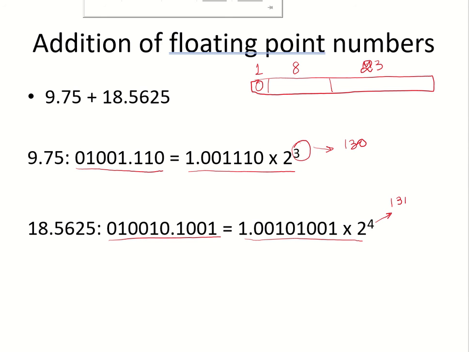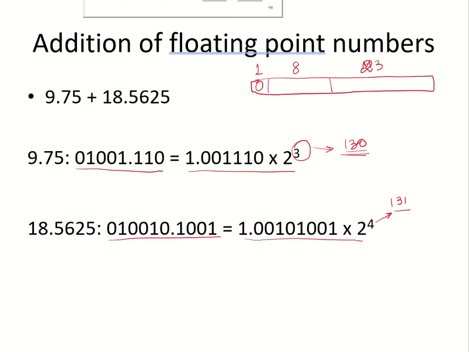As we can see, 9.75 has a smaller exponent as compared to the exponent of 18.5625. So we will have to shift the mantissa of 9.75 so that the exponents are equal.